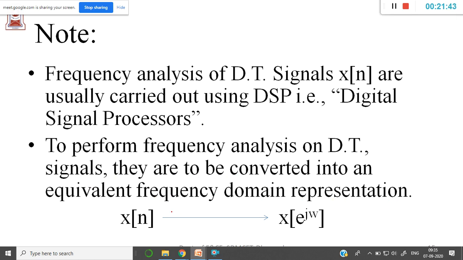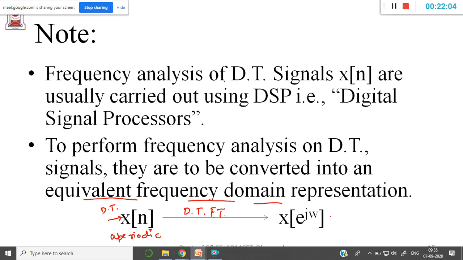Now what is this all about? If this x of n is considered as a DT signal, and this x of n is a periodic signal, what should I do? I must apply DTFT in order to obtain its equivalent frequency domain.